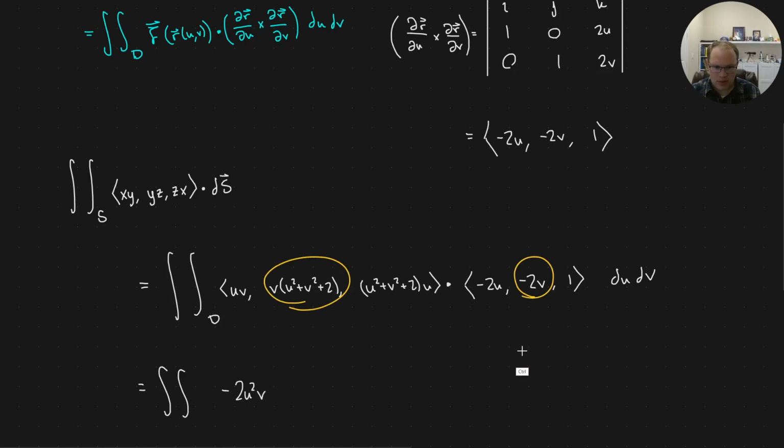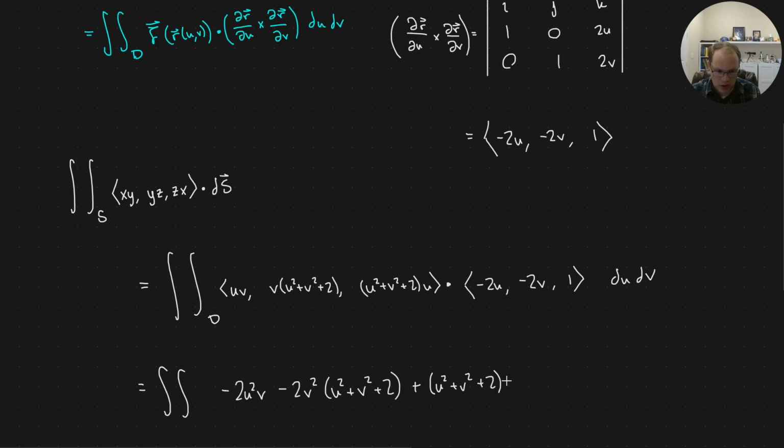Second component times second component, negative 2v times u squared plus v squared plus 2. Third component times third component, 1 times u squared plus v squared plus 2 times u.